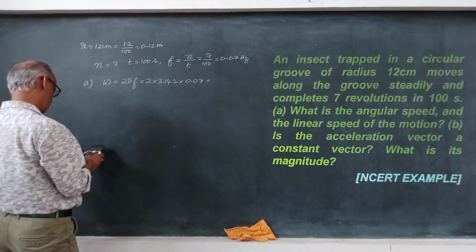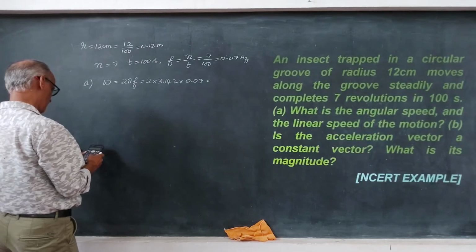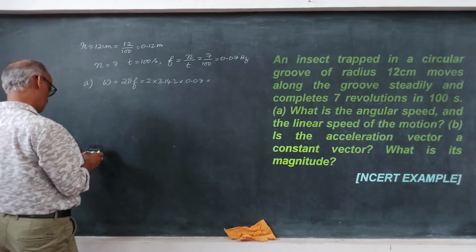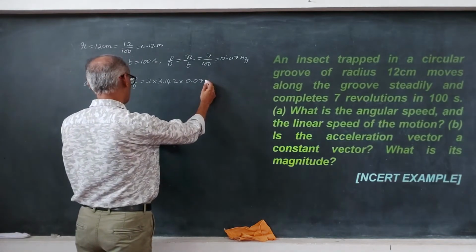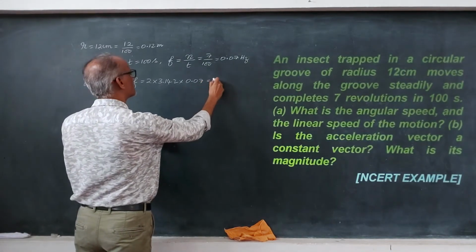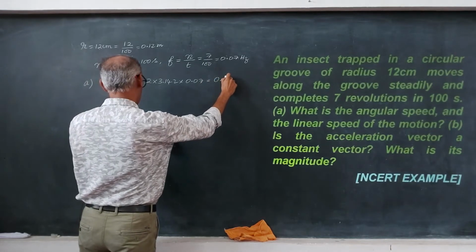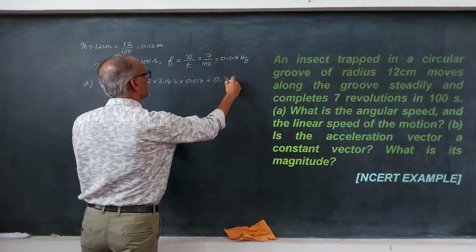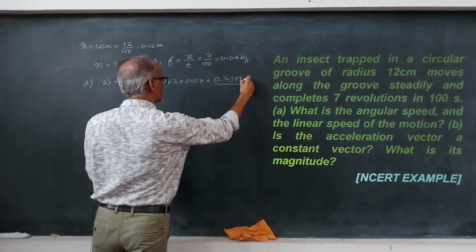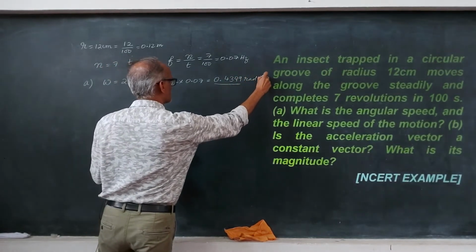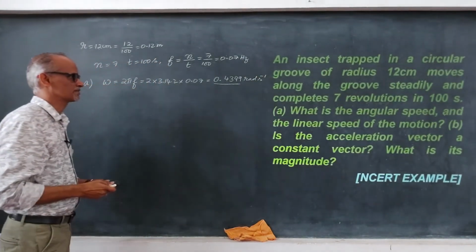It is 2 into 3.142 into 0.07, which is 0.4399, that much omega. So, the SI unit is radian per second. Now, that is the angular speed.